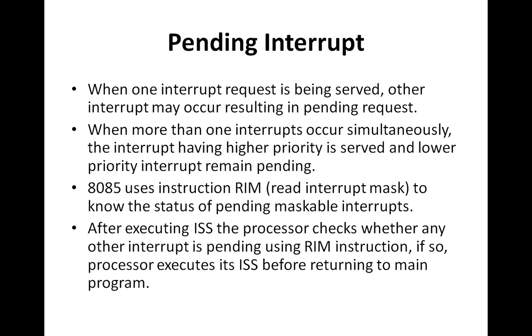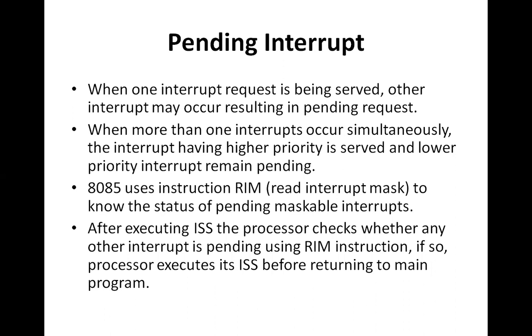So pending can happen in two ways. If more than one interrupt line comes simultaneously to the processor, the processor will first handle only the interrupt with the highest priority, and the rest of the interrupts will be pending.